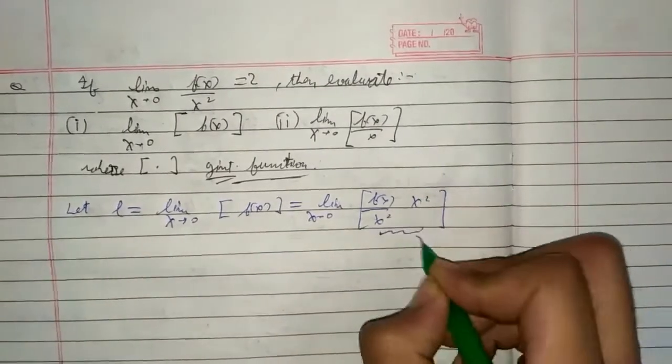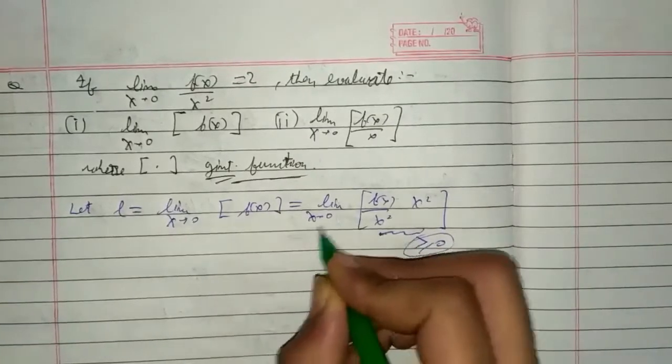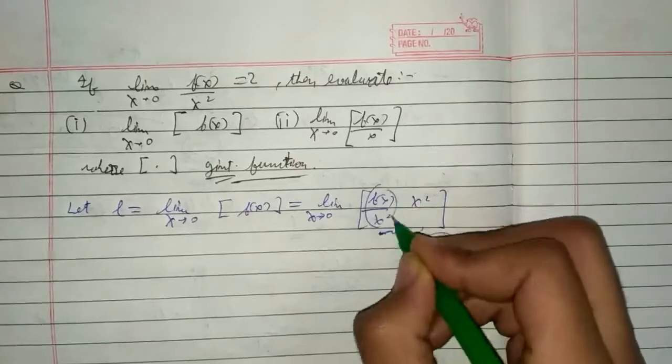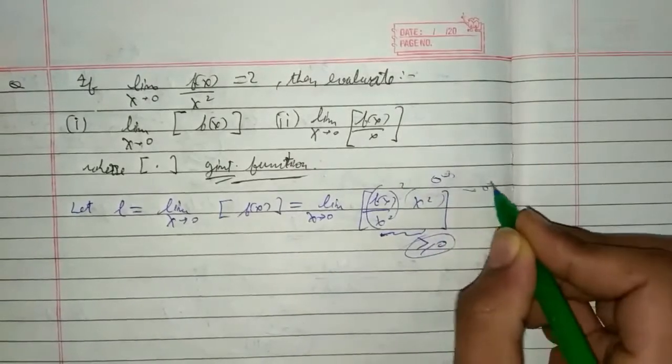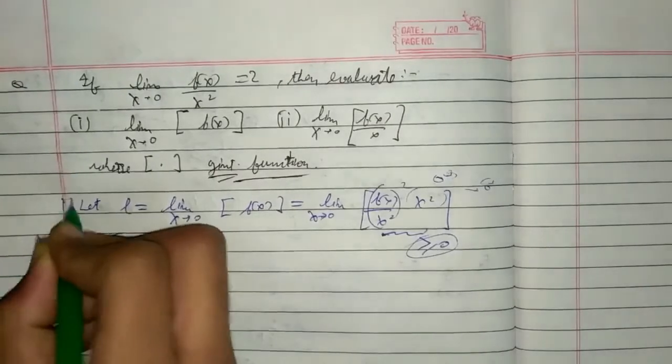This is always greater than or equal to 0. As limit x tends to 0, this is 2 and this is 0 plus, so it is 0 plus, and the greatest integer of 0 plus is 0. So the answer to the first part is 0.